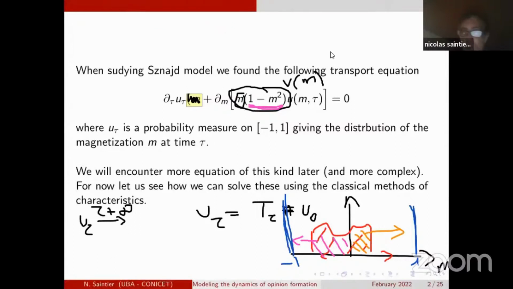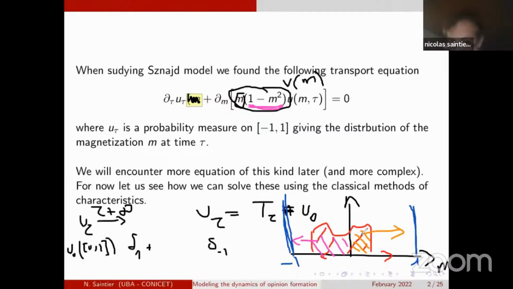Should make some more space, and I will write that more cleanly later. So I will have a Dirac mass at 1 plus a Dirac mass at minus 1, and assuming there is nothing at 0 initially, just to get rid of that, the coefficient here would be the initial mass I have on the positive side, right?